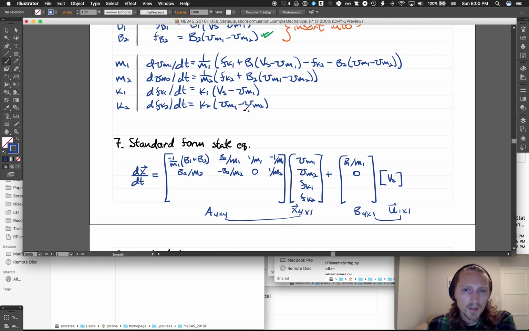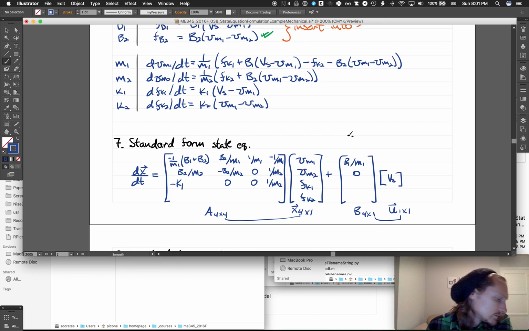So we've got vm1, which is our first state variable. So we have negative k1 vm1, 0 vm2, 0 fk1, and 1 over m2 fk2.